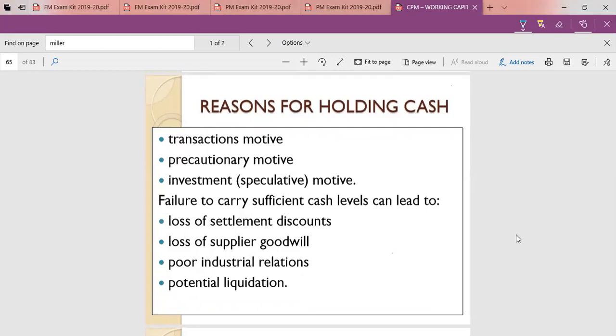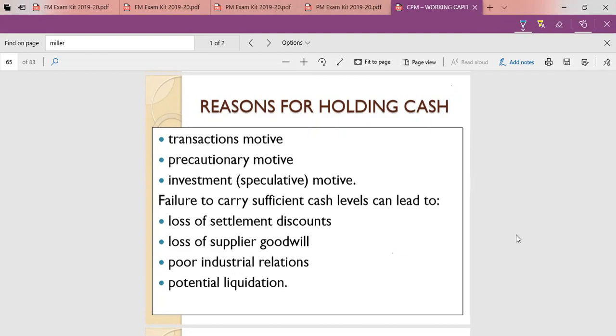Sometimes they also speculate that some unfavorable things will happen in the future. So to meet those unfavorable things also, cash balance is maintained. To avail benefits extended by suppliers and other stakeholders, cash balance is maintained. As and when these things are announced, they utilize these cash balances to get the benefit out of that.